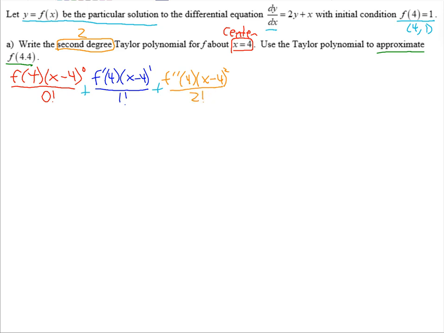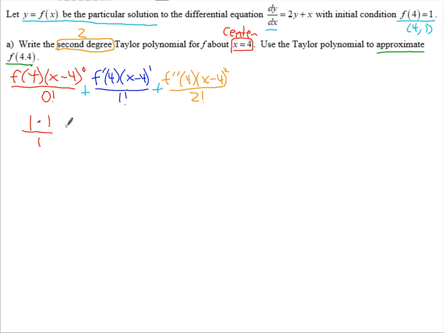So now we can start substituting what we know. F of 4 they give you is 1 right here, so we can substitute that in there. X minus 4 to the 0 is also 1. 0 factorial is also 1. F prime of 4, well, that's the first derivative at 4.